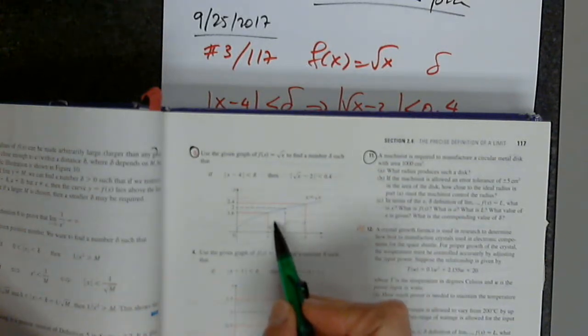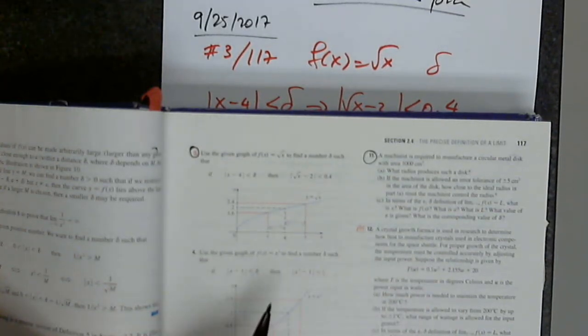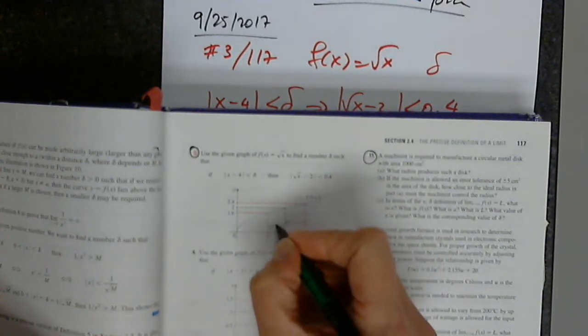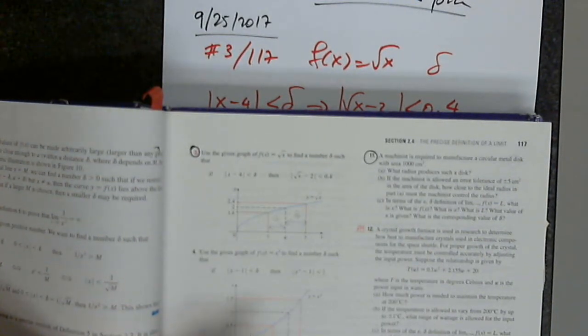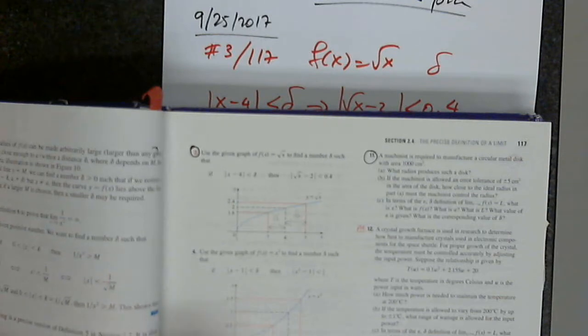So I find this and I find this. Which of the two will I use as delta? Let's say this number is A and this number B. Which of A or B will I use as delta? Shorter one. Exactly, the smallest of the two.